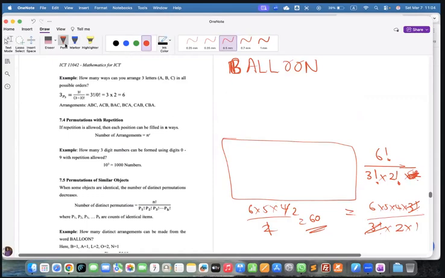So you need to utilize all the letters of balloon and make 7-letter words. The question is how many distinct arrangements, meaning how many unique arrangements we make by utilizing the letters of the word balloon.